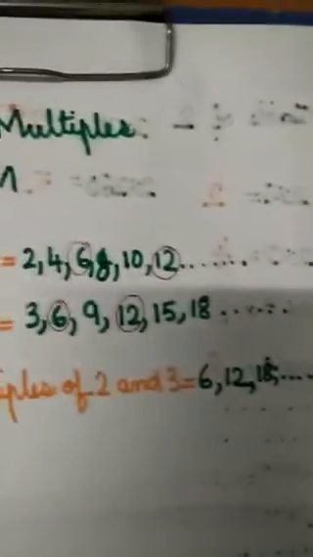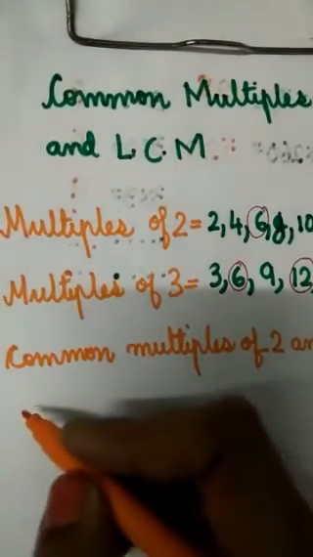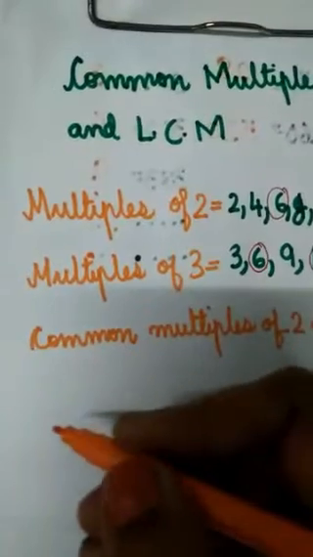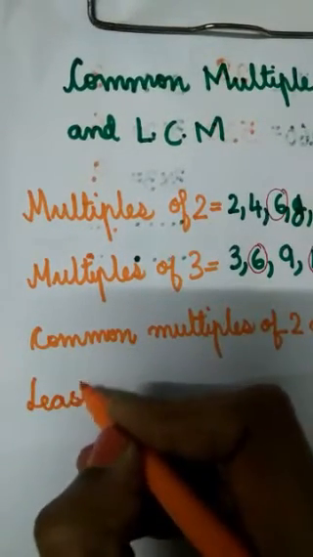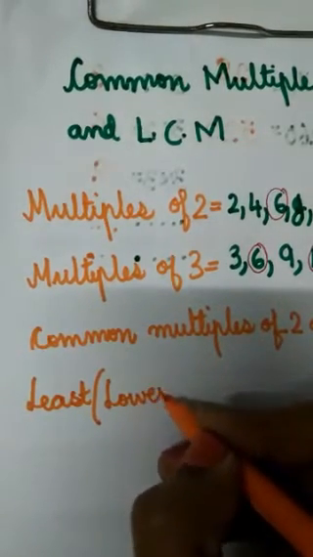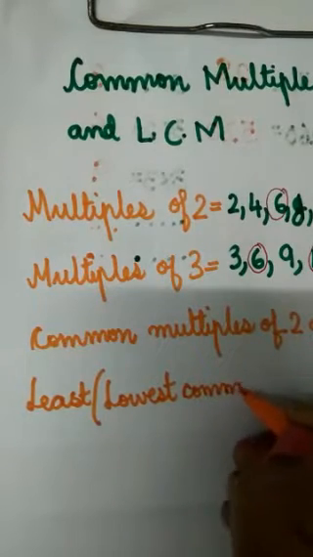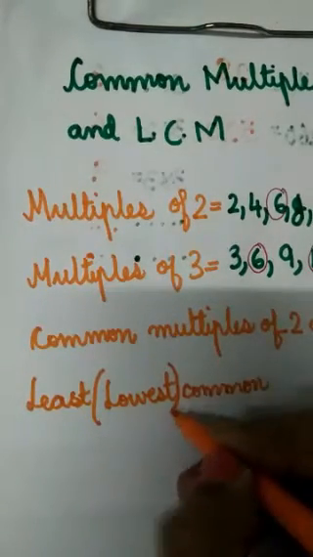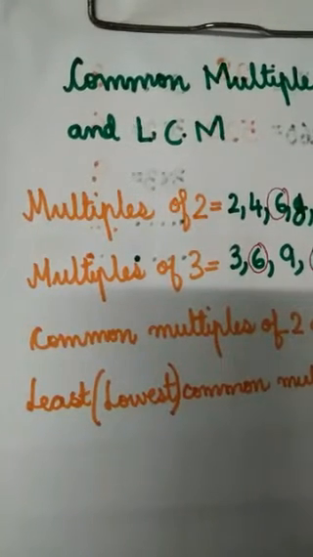Now the second part of our topic today, that is LCM. Children, the full form of LCM is least, or you can also call it lowest, lowest common multiple. What is the meaning of lowest or least?